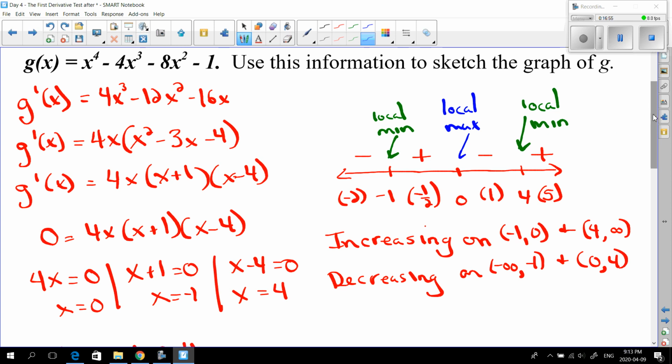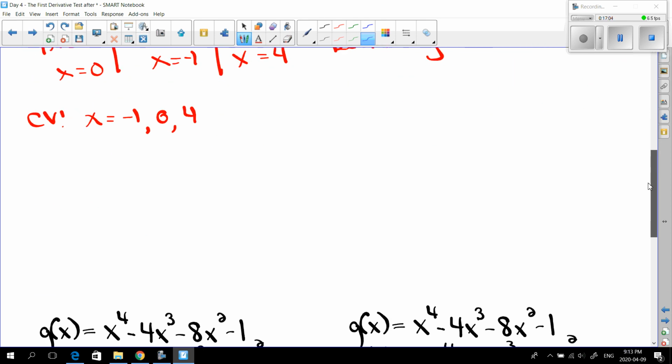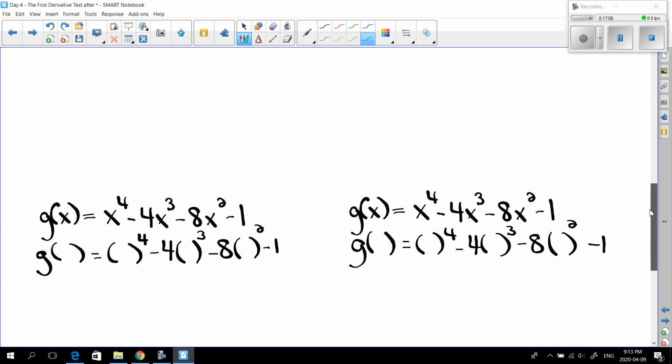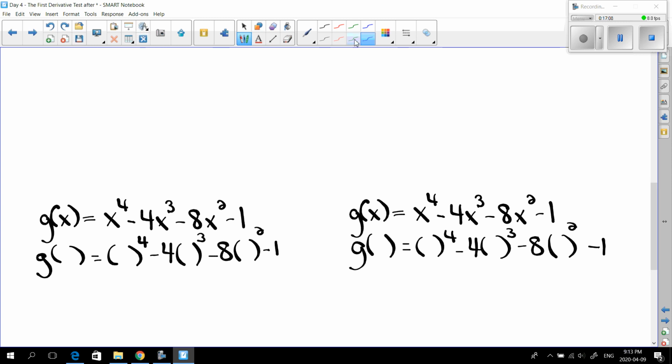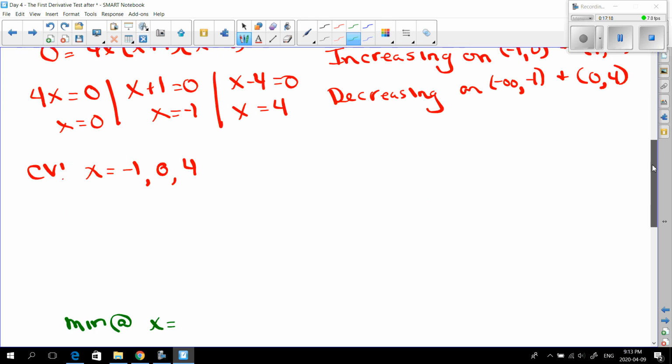All right. In order to figure out the heights of the function at -1, 0, and 4, I simply plug these values back into the original equation. I have a minimum at x equals -1 and +4.